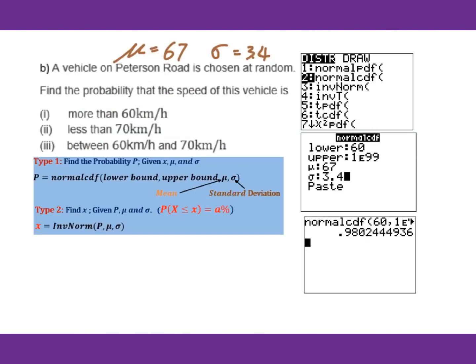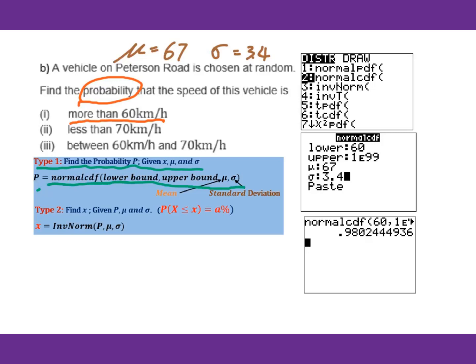Now let's go to B. We need to figure out the probability that the speed of this vehicle is more than 60 km per hour. Since I'm looking for the probability, that will be type 1. We have to use normal CDF, then put the information in to figure out this probability.